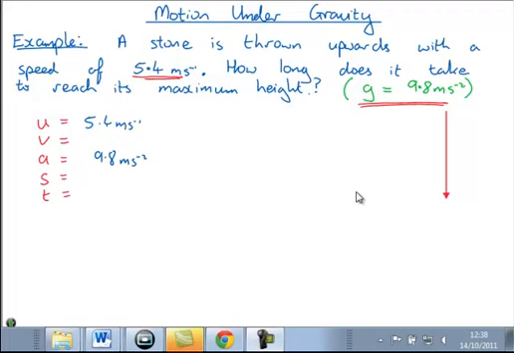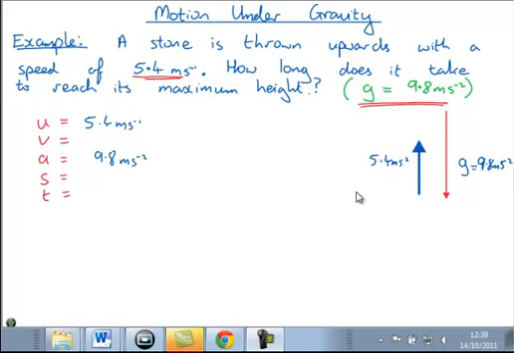Now, I'll just draw a vector for our initial velocity, which is upwards at a value of 5.4 meters per second. We know acceleration g is downwards at 9.8 meters per second squared. These two vectors have opposite directions.